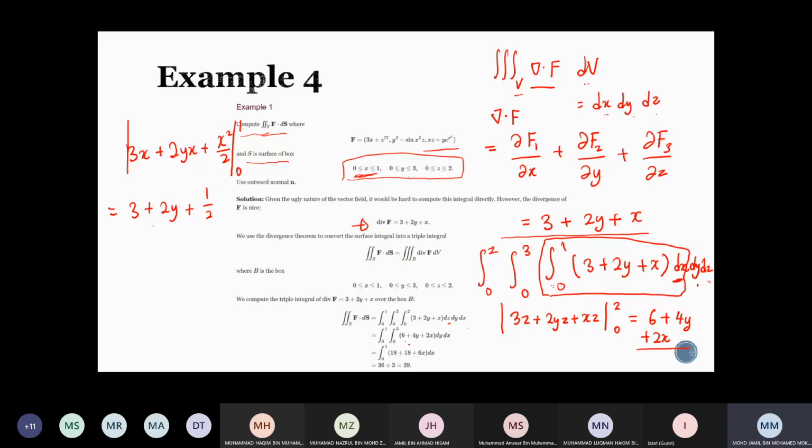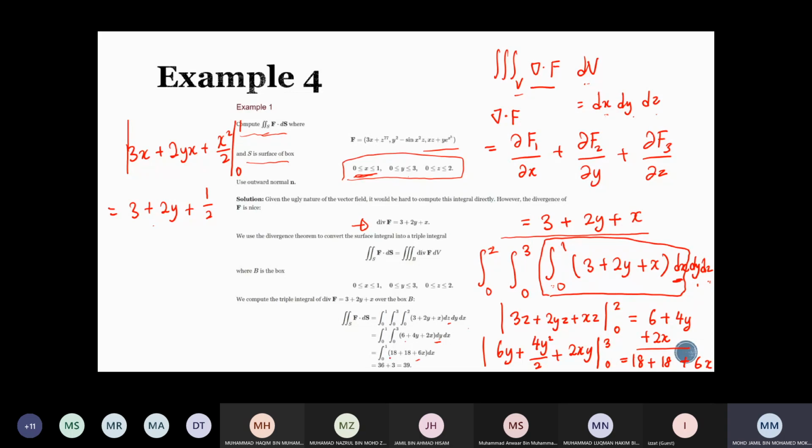Similar, and then you repeat the process, integrate with y. If you integrate with y, you get 6y plus 4y squared over 2 plus 2xy from 3 to 0, and then substitute, you get 18 plus 6x, sorry.